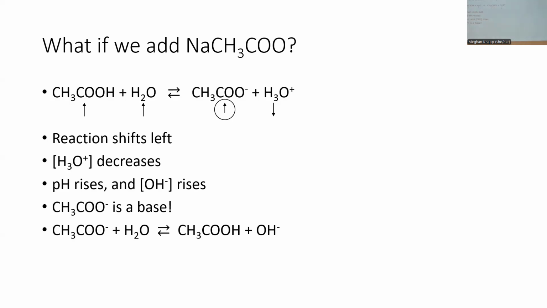And we can write that in the other direction by saying, let's just add that ion to water. And when we do, this is the reaction. Since OH is a product here, this is the reaction we would use to find Kb. So Ka will have hydronium as a product, Kb will have hydroxide as a product for our purposes.